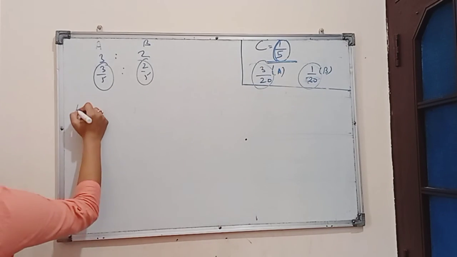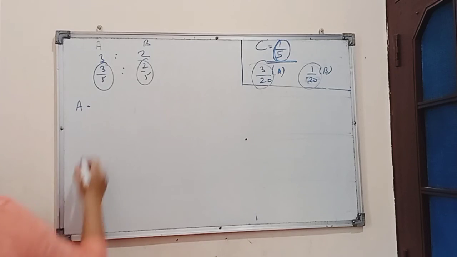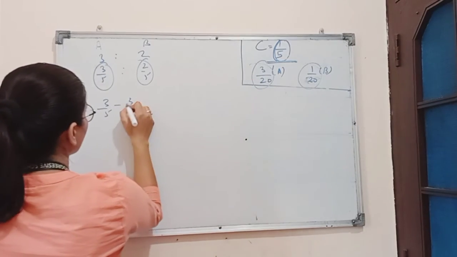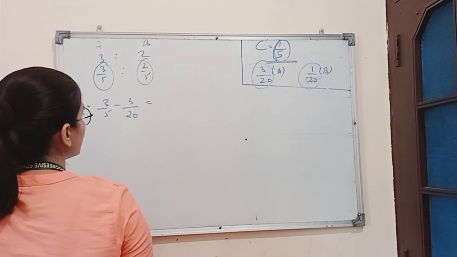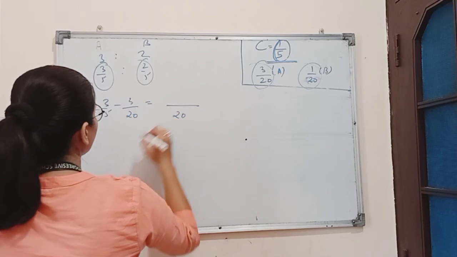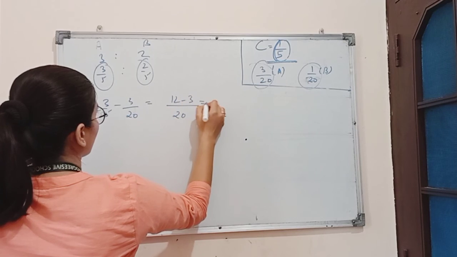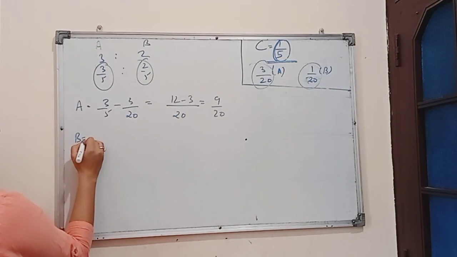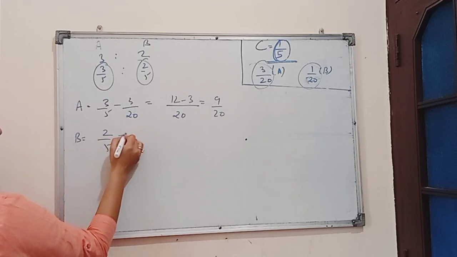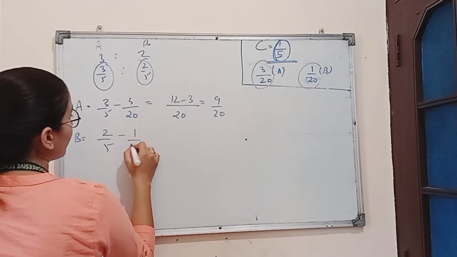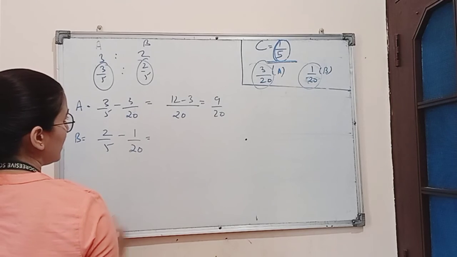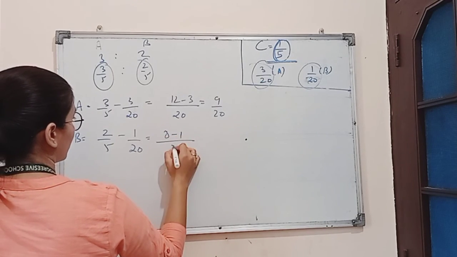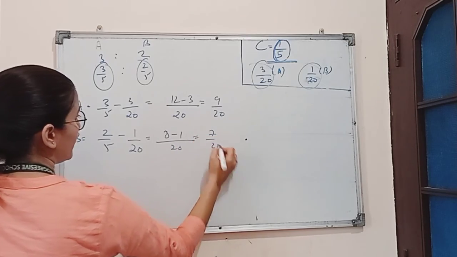So here A's old share is 3/5, out of which A is surrendering 3/20 to C. LCM is 20. 9/20 is the remaining share of A. Then B's old share is 2/5 and B is surrendering 1/20 to C. So remaining share will be 7/20.